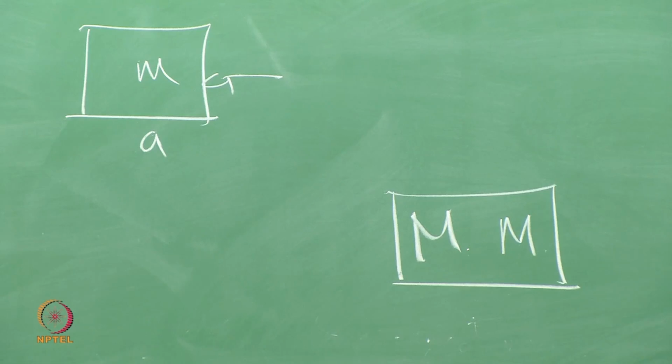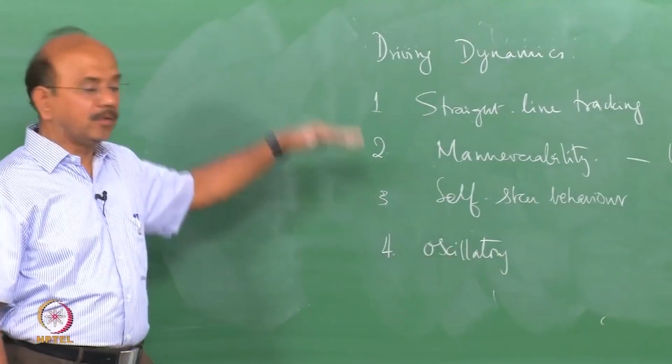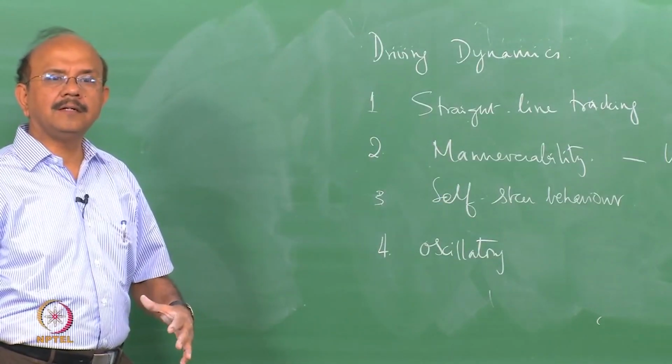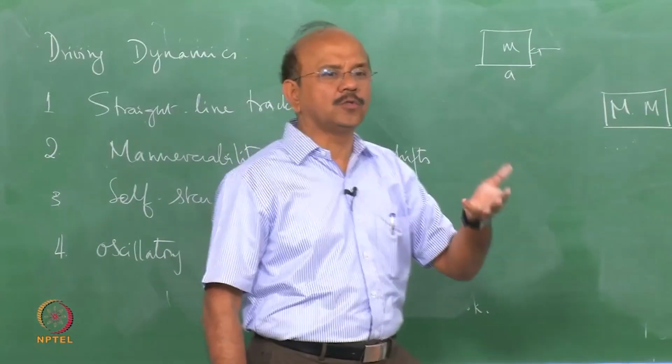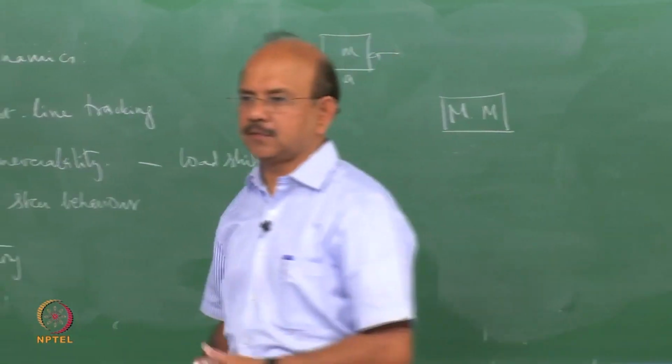Right? This doesn't talk about various driving dynamics. So that's the reason why I've put this. On the other hand, this also does not talk about what happens when a vehicle goes over a bump, goes over a rough road, and all these things.